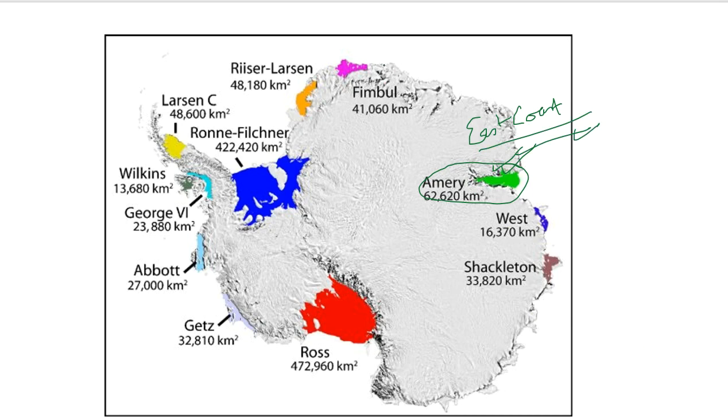If you can remember, the Larsen is again very important. This part is Larsen itself, right? Ross again is an important one. So these three can be easily remembered about Antarctica. These are melting very fast, so it becomes important to remember a few of the ice shelves of Antarctica, right?